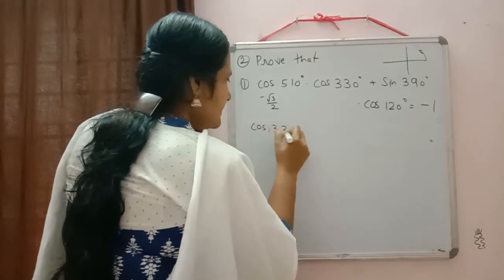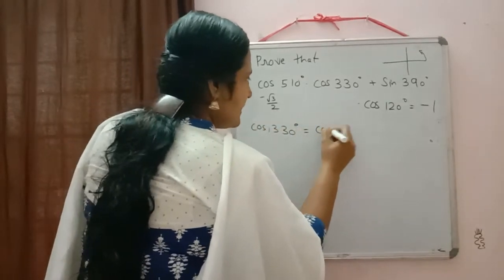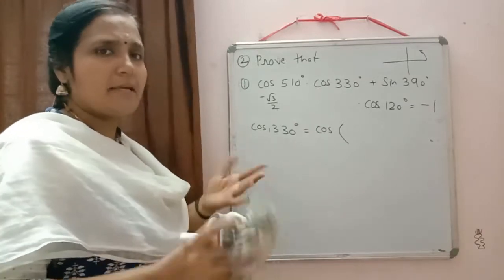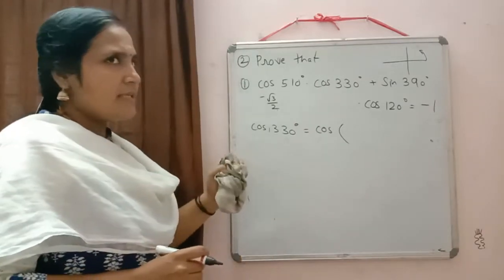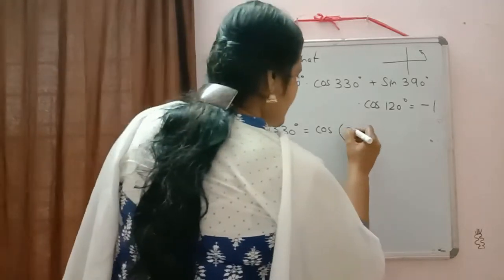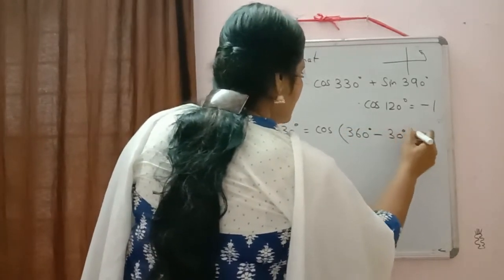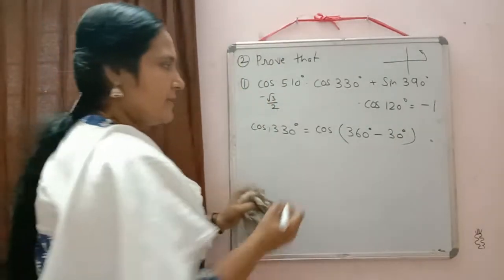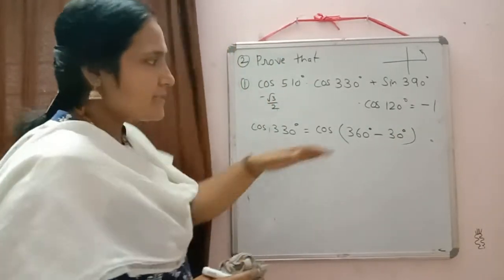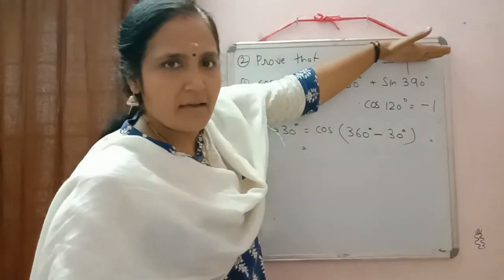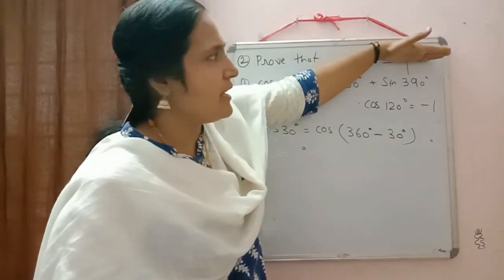Cos 330 degree. Again 330, how we can rewrite? Either write 180 plus or 360 plus or minus. So 330 degree can be written as 360 minus how much will give you 330? 360 minus 30 degree. So we have cos 360 minus 30. 360 means where we have here. Correct? Now minus if we are doing means where we are going?